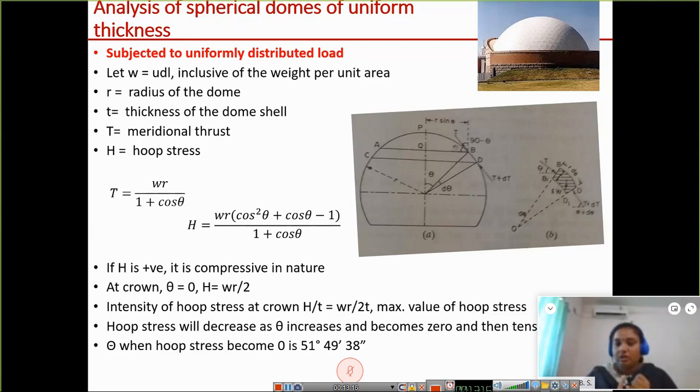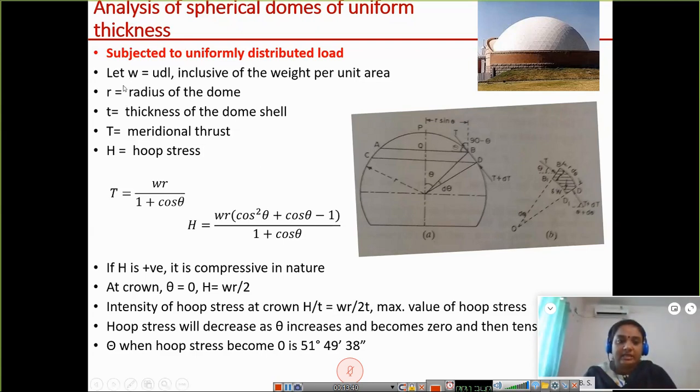In the spherical dome itself, the dome is subjected to a uniformly distributed load, or the dome is subjected to a concentrated load at the crown. So these are the two cases. Then the conical dome subjected to a UDL. So these are the three cases which you have to study and do the analysis and also the design.